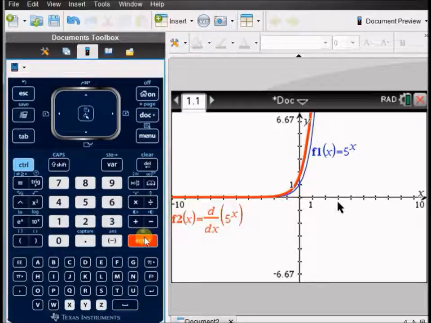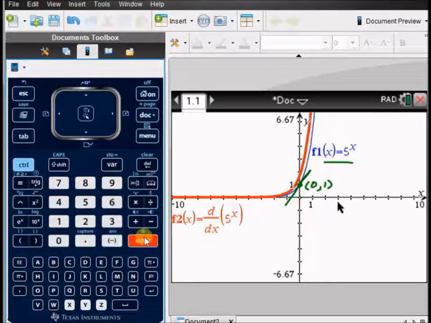If we take a look at this point, the y-intercept on the function y equals 5 to the power of x, that y-intercept is (0, 1). The slope of the tangent at that point, we're told what that slope is in the derivative function.